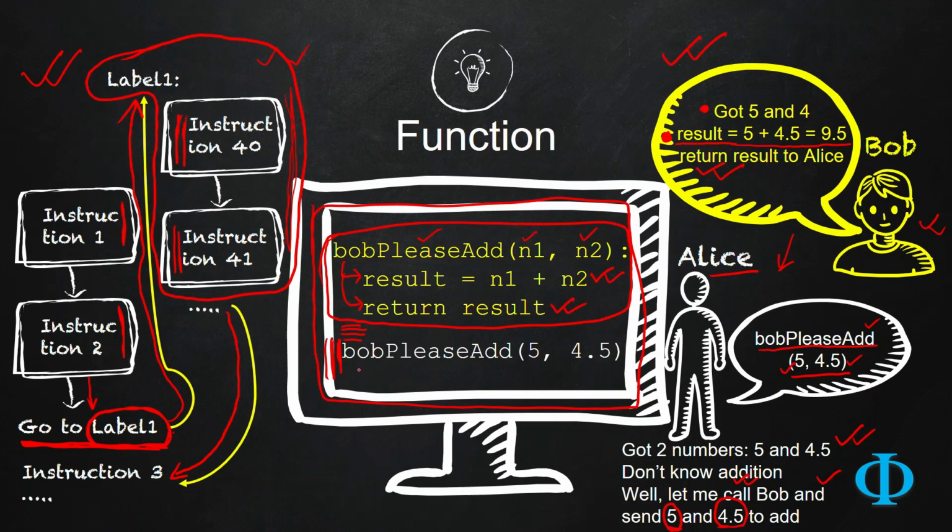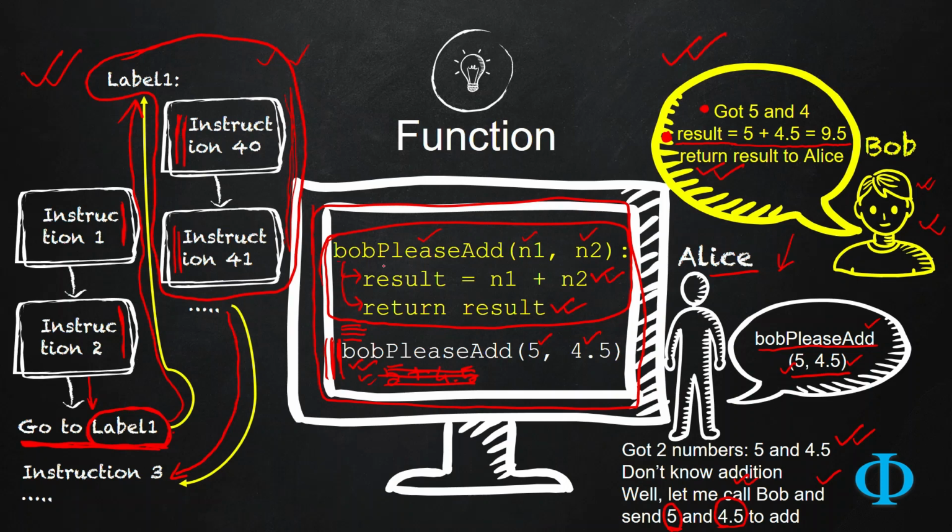So what is happening? Once again, you got two numbers to add in your program, and instead of adding them in this place, like doing 5 plus 4.5 here, you are basically calling this Bob please add function and passing 5 and 4.5 there. And then what is happening on the function side? It is exactly like what happens on Bob's side in our scenario.